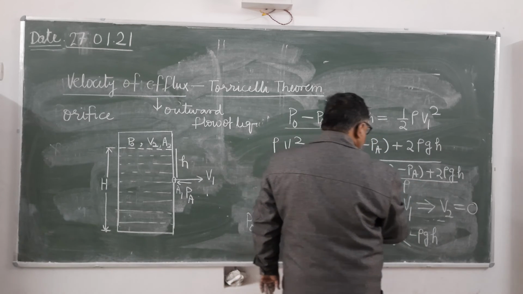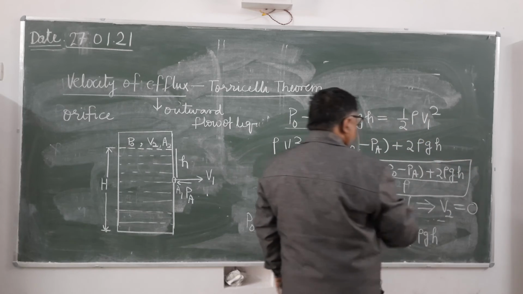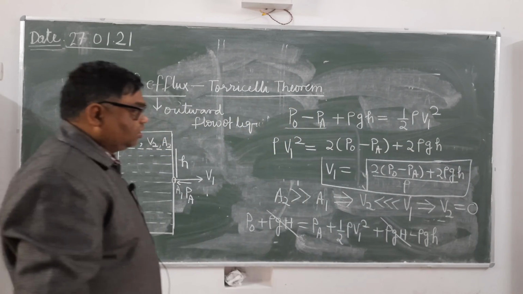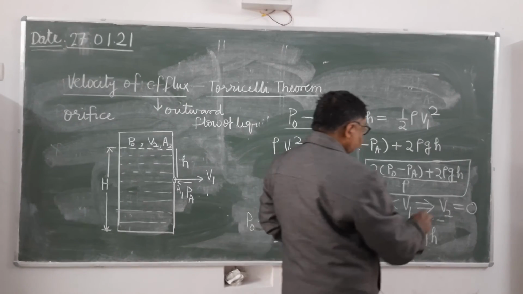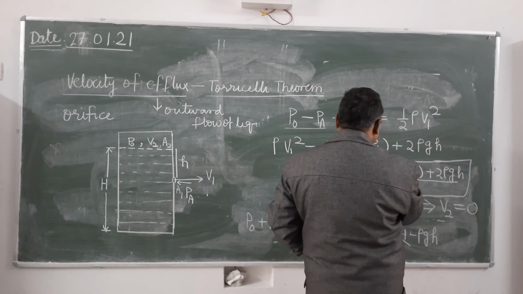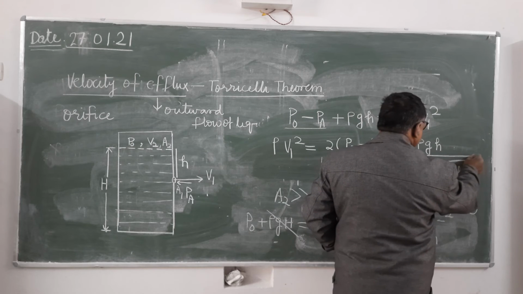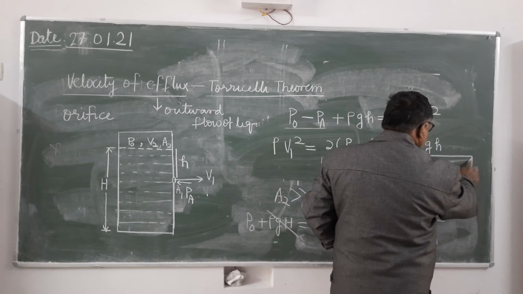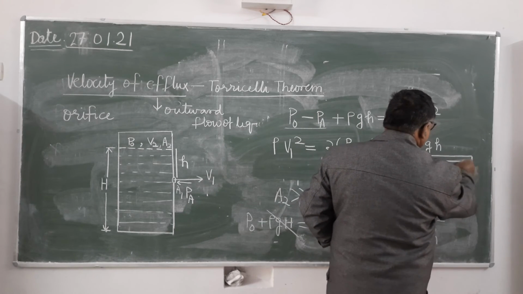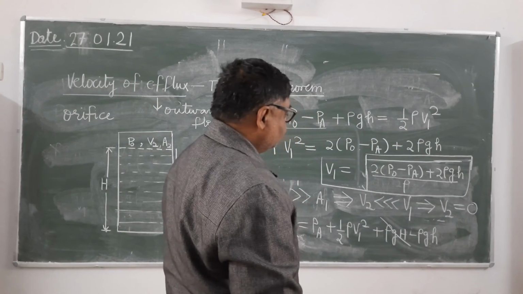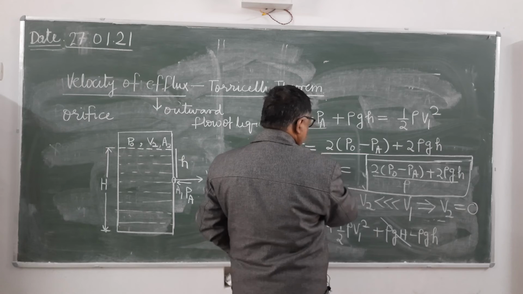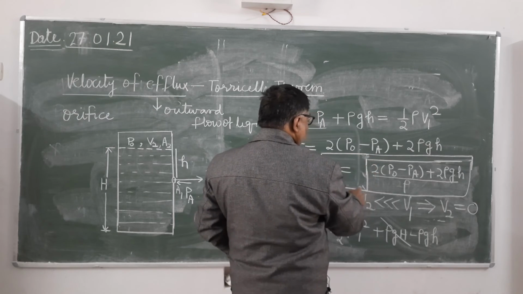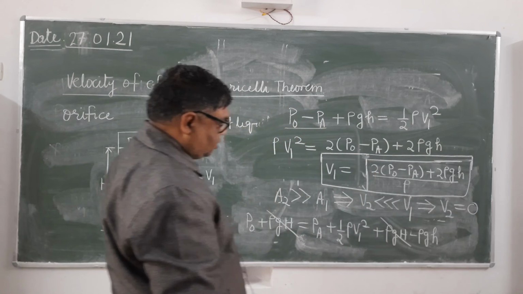So we have got this relation. Now we will discuss this relation. It's clear? This is square root here. Yes, now it may be clear.